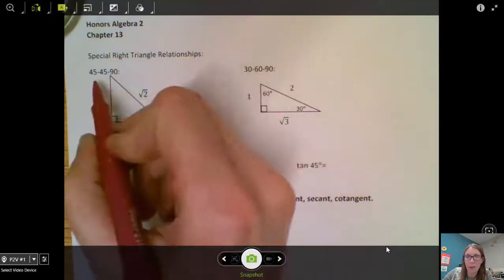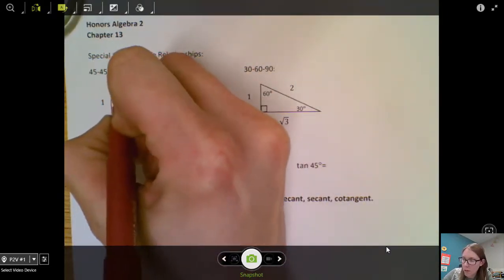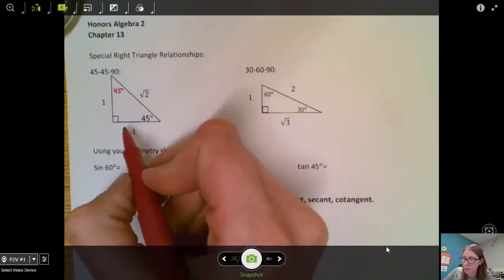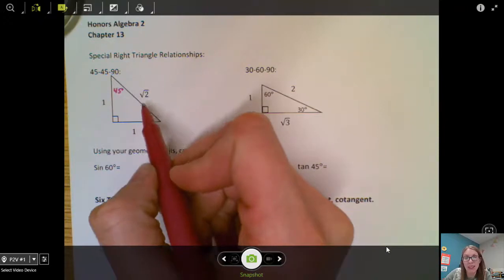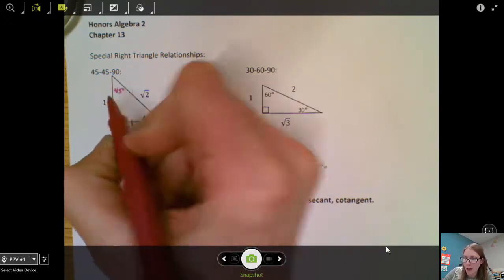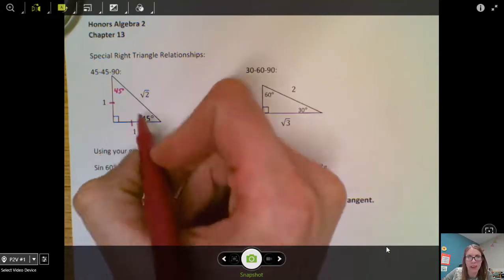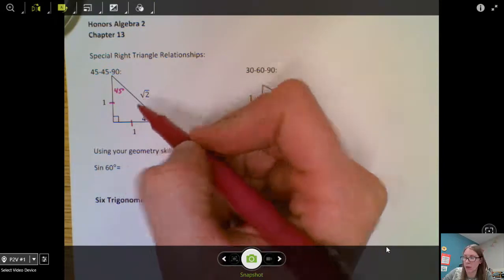We have the 45-45-90 triangle, where we have two 45-degree angles and then a right angle. And you learned that there's a relationship between the different side lengths. The two legs of your right triangle are congruent, and the hypotenuse is that leg times the square root of 2.